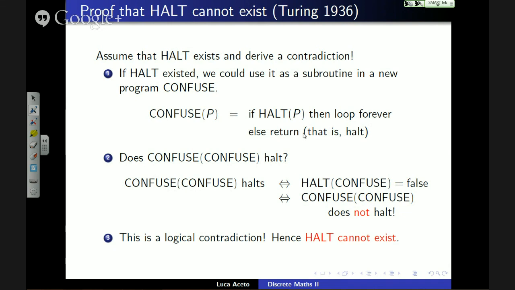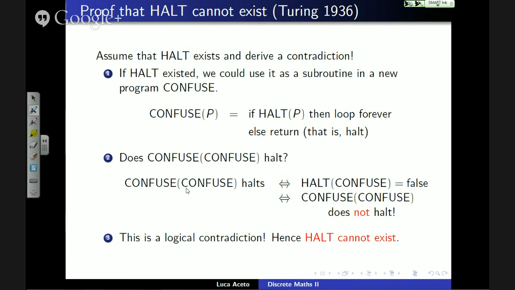Okay, so let's see. When is it that it halts? It halts when it has taken the else branch. But it takes the else branch when halt of confuse returns false. But when is it that halt of confuse returns false? By definition of halt, this is exactly when confuse does not terminate on input confuse.